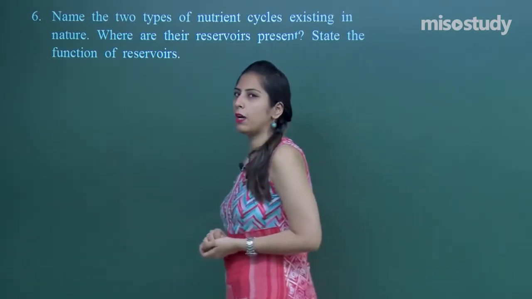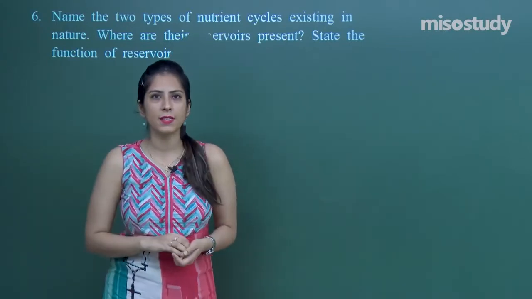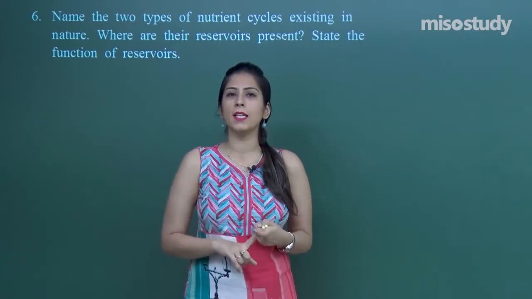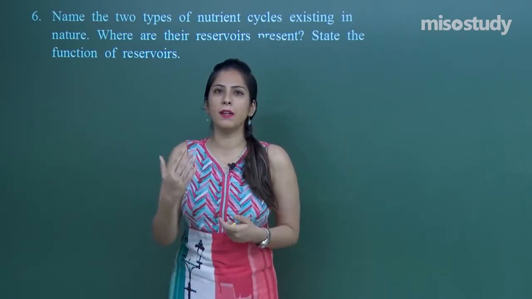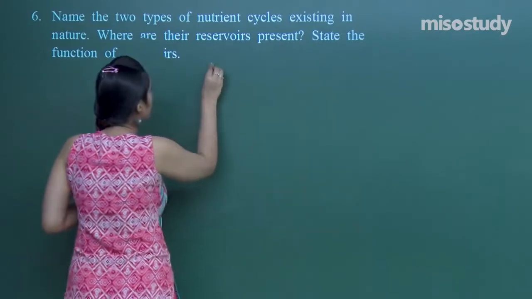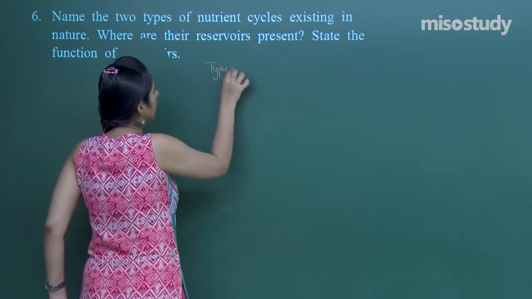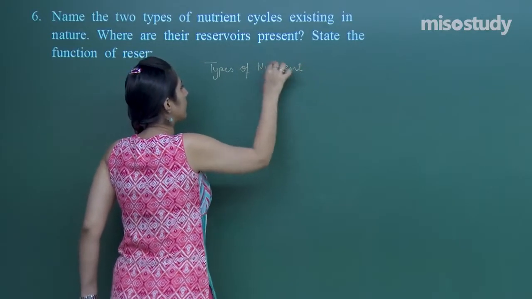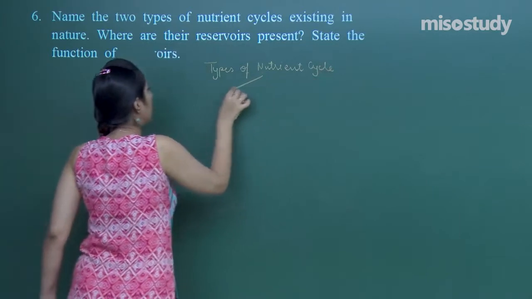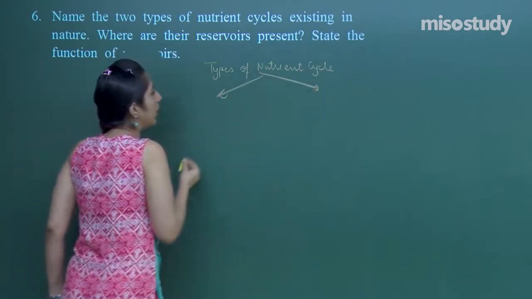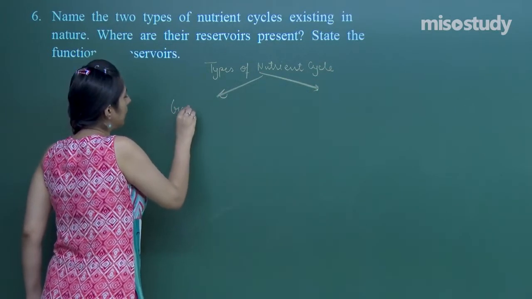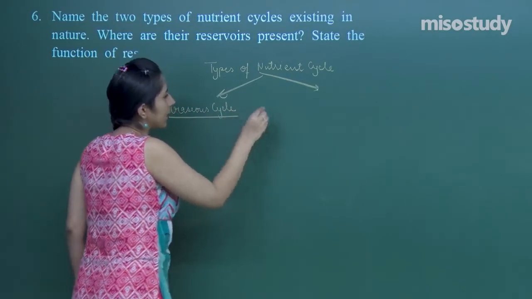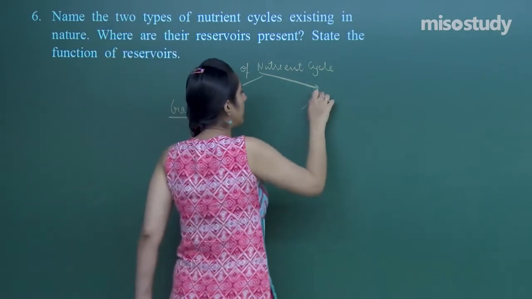When I was discussing the biogeochemical cycles, we discussed two types of cycle. One is called a gaseous cycle and the second is called the sedimentary cycle. So, types of nutrient cycle: one is the gaseous cycle and the second one is the sedimentary cycle.